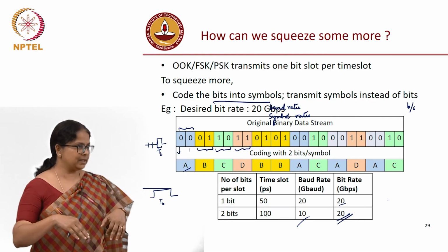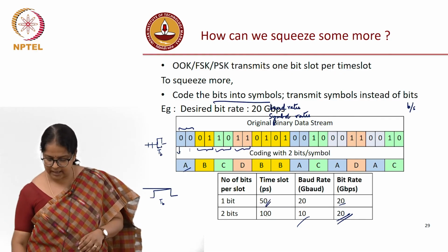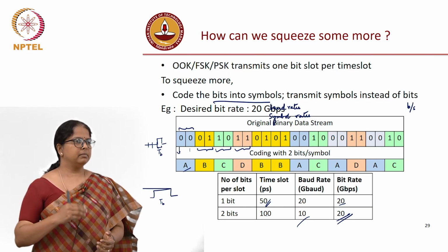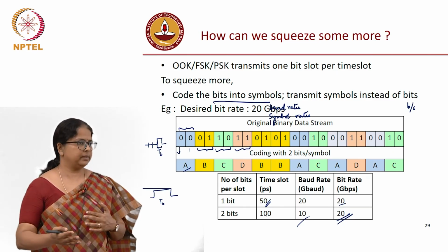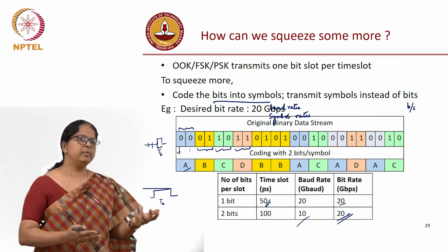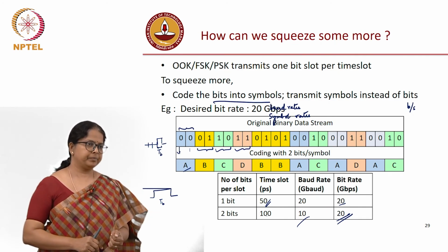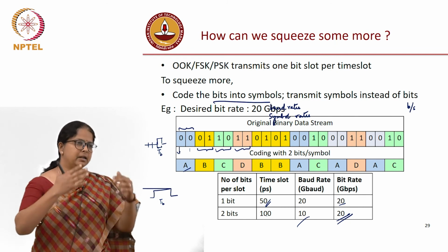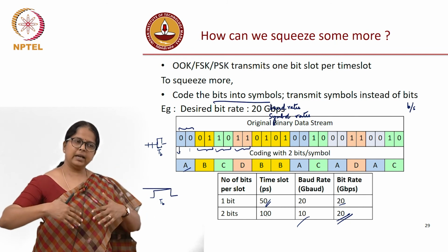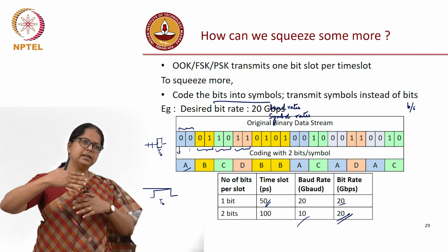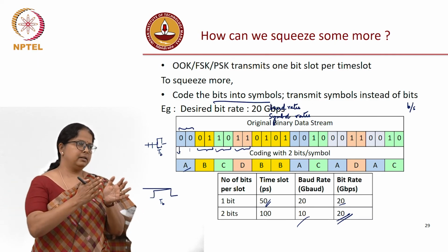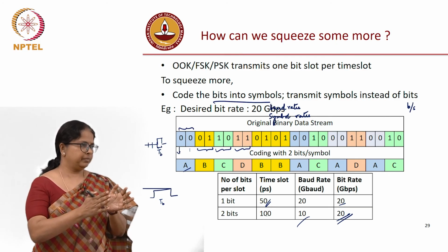Another way of saying this is that if I maintain the same time slot, my bit rate will become twice because I encoded 2 bits in 1 symbol. How to do that we will see, but by converting bits to symbols, I can increase the data rate for a given bit slot.